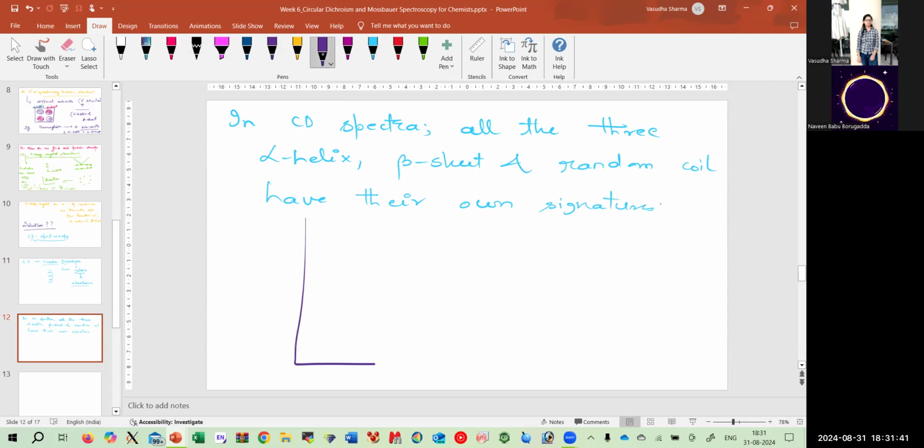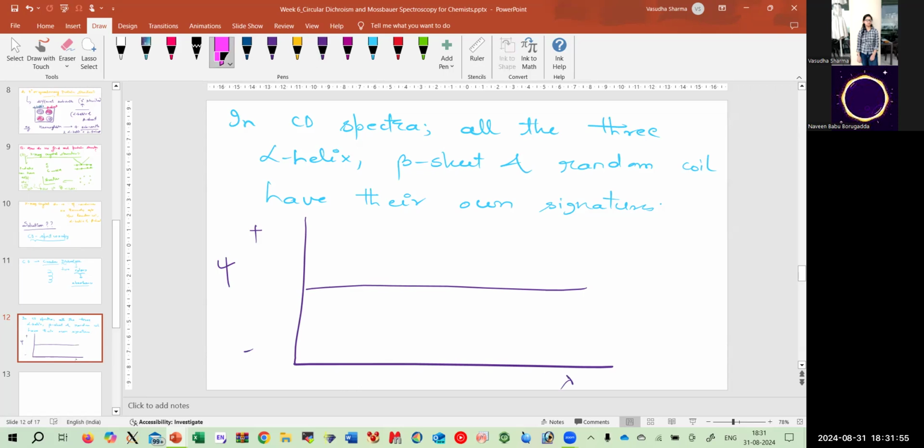So if we consider this is our positive and minus, which is being represented by psi, and here would be our wavelength, here is how it is going to look like. Firstly, in alpha helix, we generally have, starting from the positive end, two bands staying in the negative region.